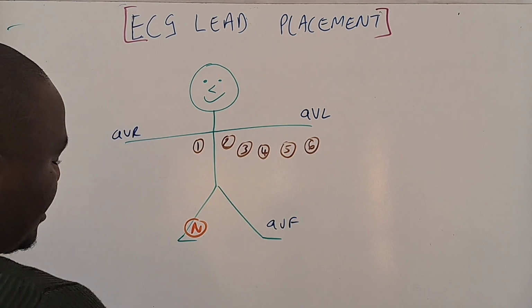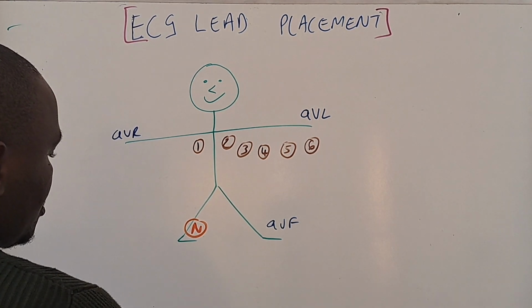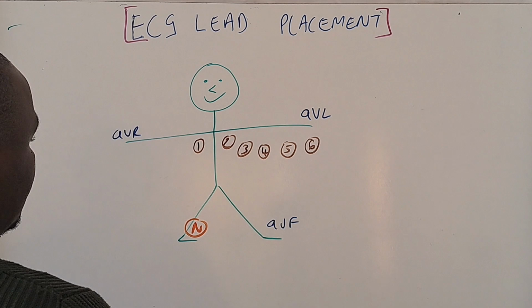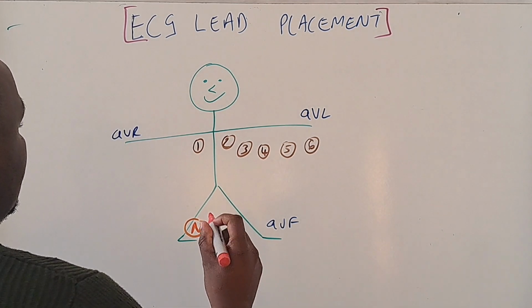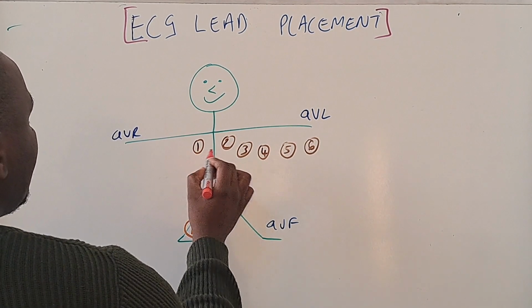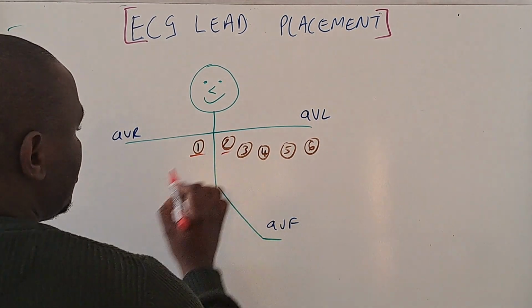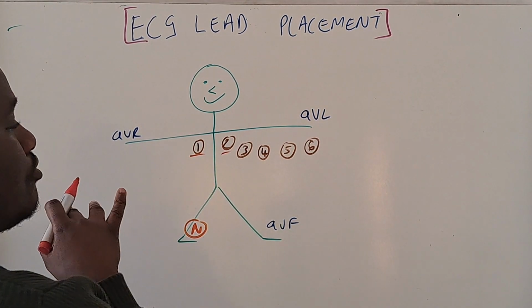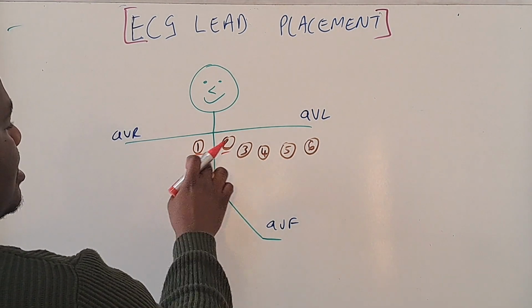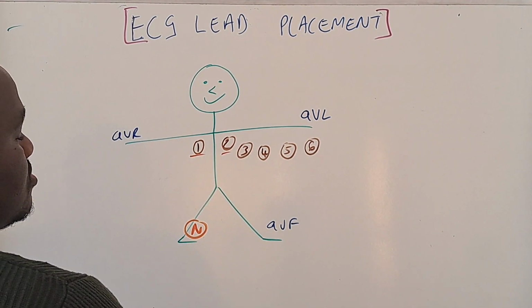So for correct placement, you need to make sure that you locate your fifth intercostal. Once you locate your fifth intercostal, then you know where you're going to put the V1 and the V2, right?